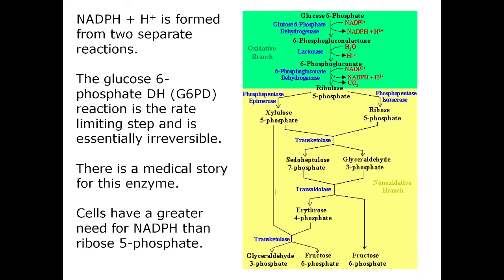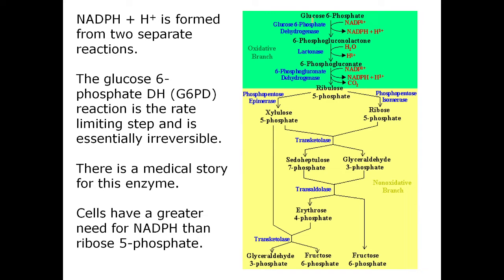NADPH and hydrogen ion are formed from two separate reactions. So how is this NADPH formed? We will go into a little more detail. The glucose 6-phosphate dehydrogenase reaction is the rate-limiting step and essentially irreversible.